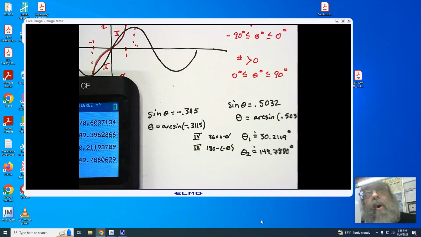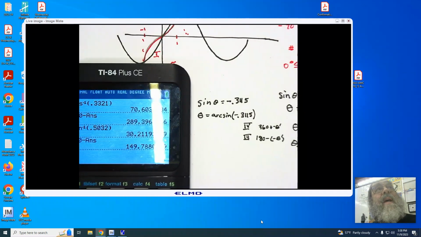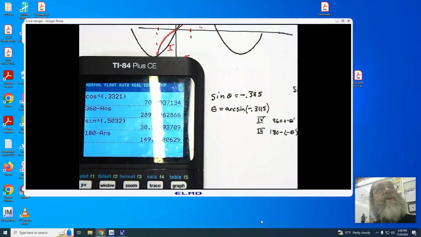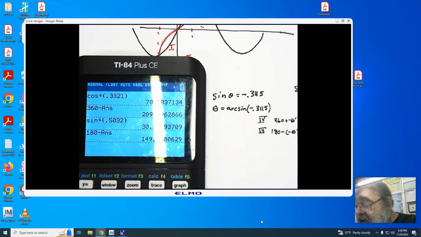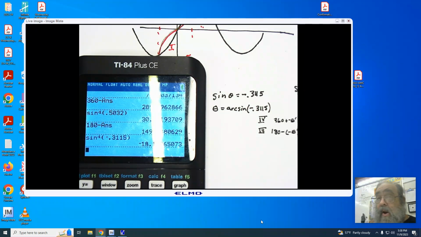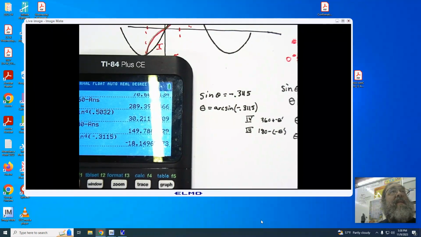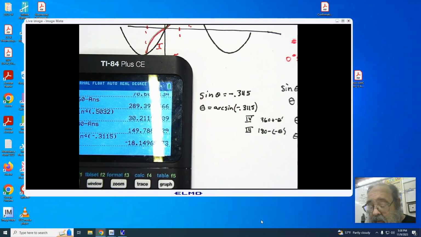So we're going to put it into our calculator exactly as we see it. Second function sine, that's second sine of negative 0.3115, close, enter. Notice there's our negative and our negative degree. We expected that. So if I wish, I can store it in alpha A so that I can use it more than once.